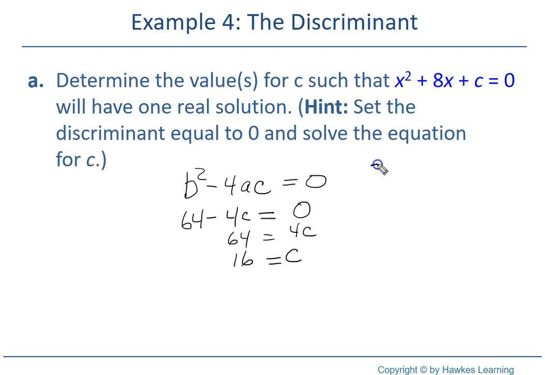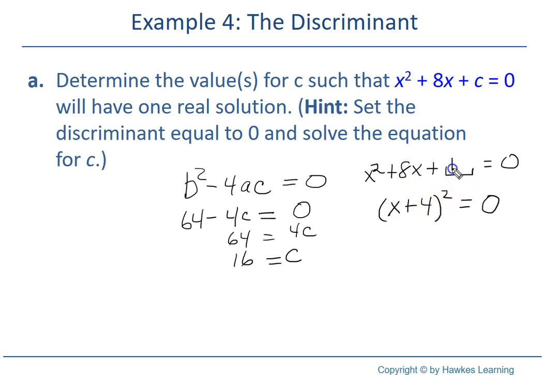That if this were going to be a perfect square here, we're going to do this from completing the square. You know what x goes here. Half of this is 4.